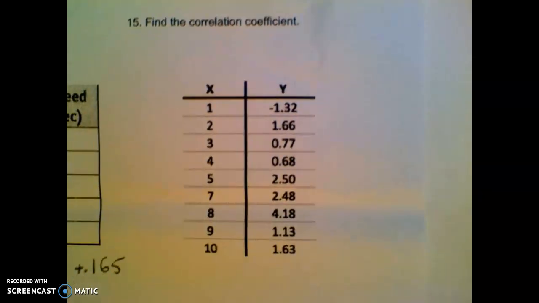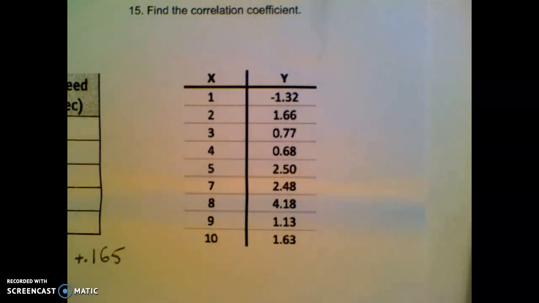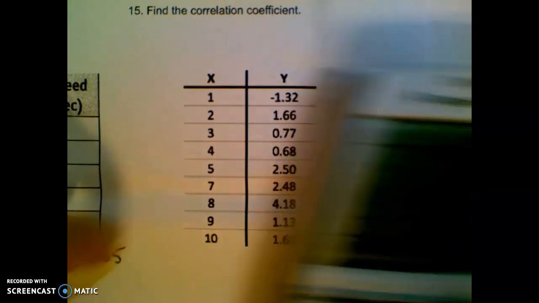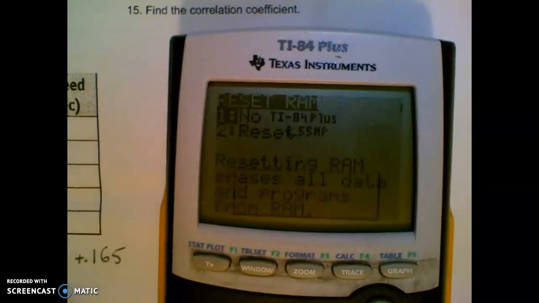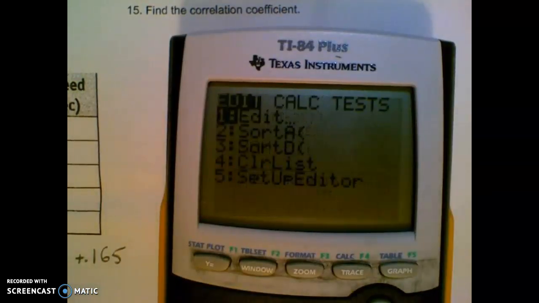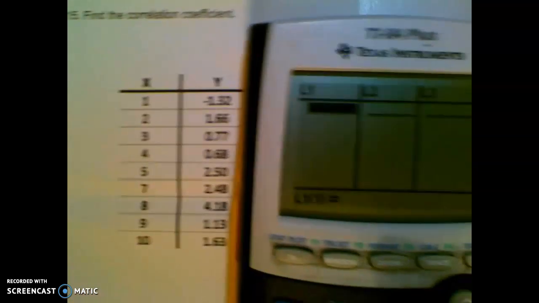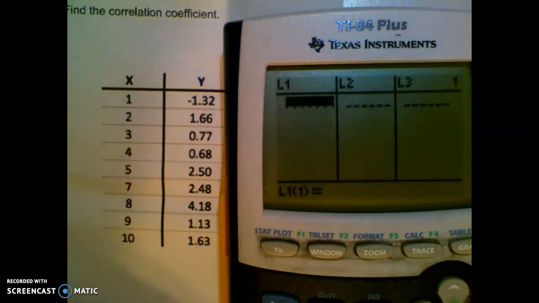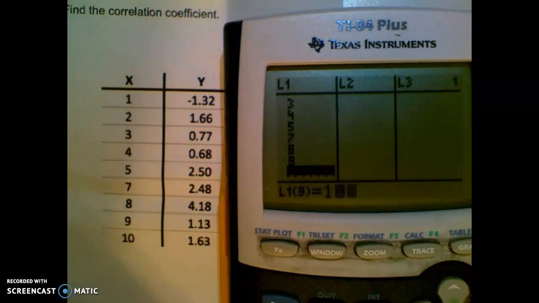Alright, the last question says find the correlation coefficient. This only works for linear problems. So I have a data set here, and I'm going to clear my calculator. I'm going to go to Stat, Edit, and type in this data set as it appears. It looks like it's missing a 6, so 1, 2, 3, 4, 5, not 6, but 7, 8, 9, 10.